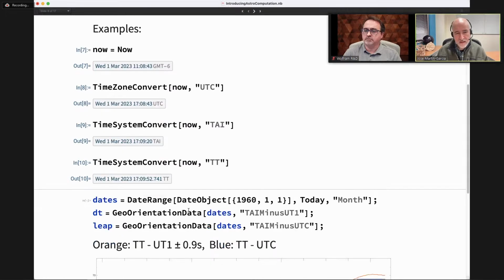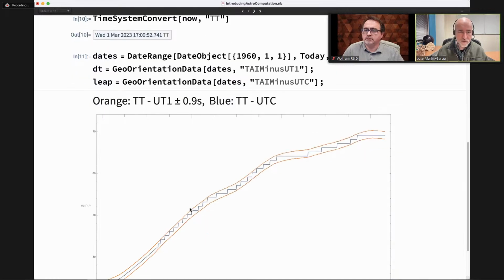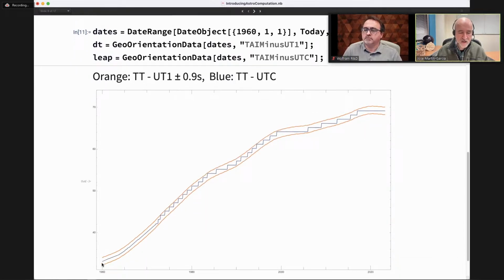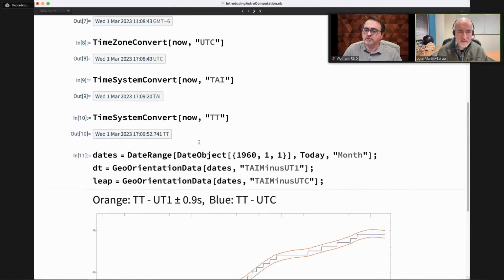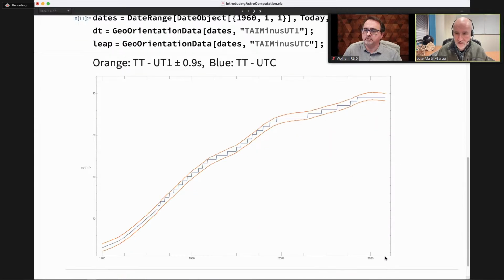This is very important. Another important fact to always take care of with respect to time is leap seconds. So this is a curve that shows how this time, the time about the rotation of the Earth, is being shifted with respect to TT. And so currently in 2022, we are about 70 seconds shifted. And so these two curves are 0.9 and 0.9 seconds added or removed from the difference between these two objects, and we get the two orange lines.